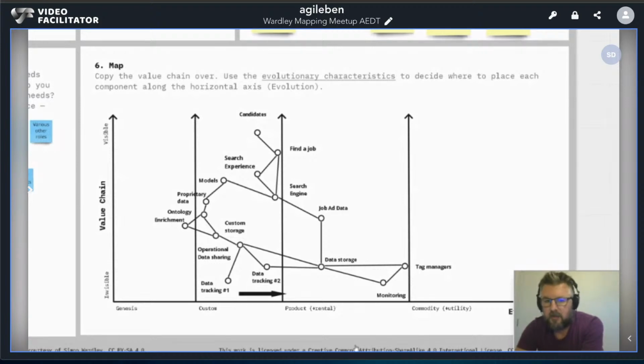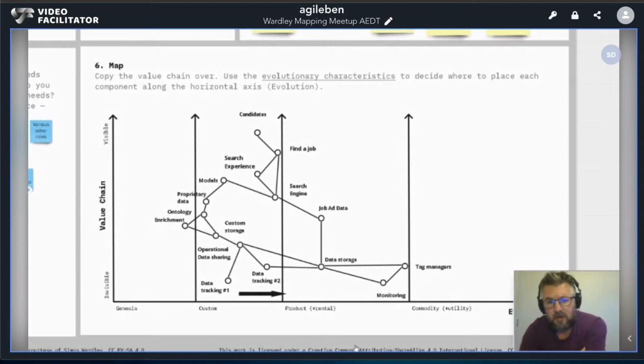We chose the find a job user need. That's one of the candidate needs which we'd grouped under intelligent features. Essentially, how could we continue to support intelligent features for finding a job.